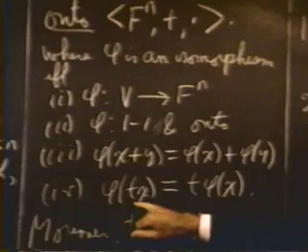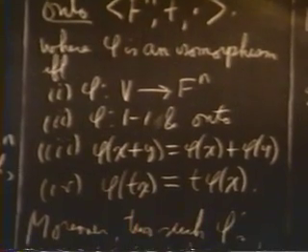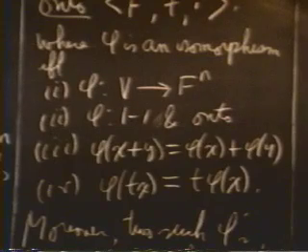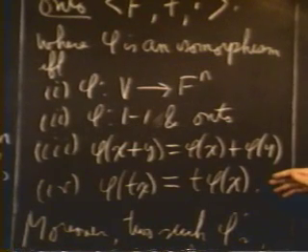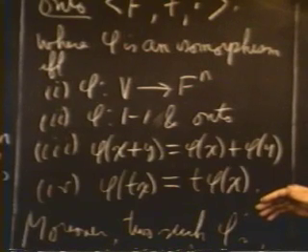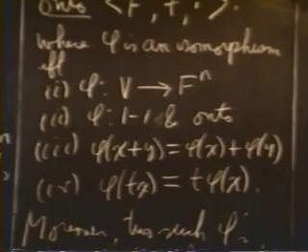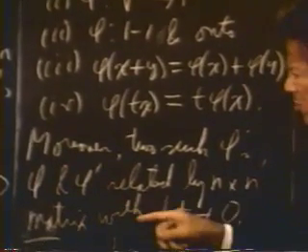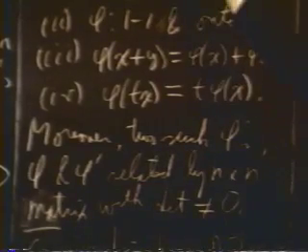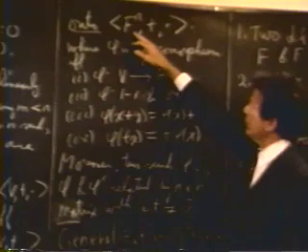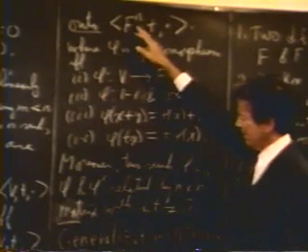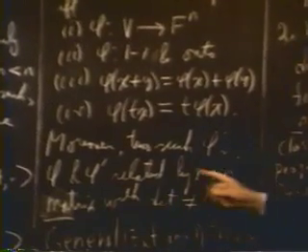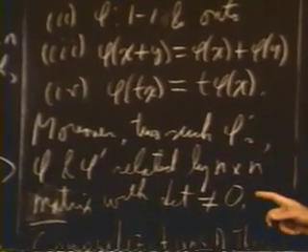And we have a fixed field, so t is the same scalar both inside of phi and outside, so to speak, because we have a fixed F. That's what we mean by isomorphism, and we're saying now that we have such an isomorphism for a vector space of dimension n, and moreover, and this is the uniqueness part of the basic theorem, if we have two such phis, let's say phi and phi prime, that establish an isomorphism of the vector space onto the n-dimensional characterization over the field, F^n, two such phis, phi and phi prime, establishing such an isomorphism, are related by an n by n matrix with determinant not equal to 0.